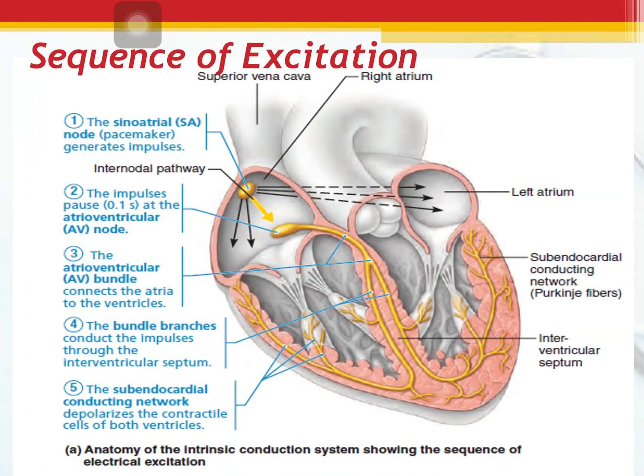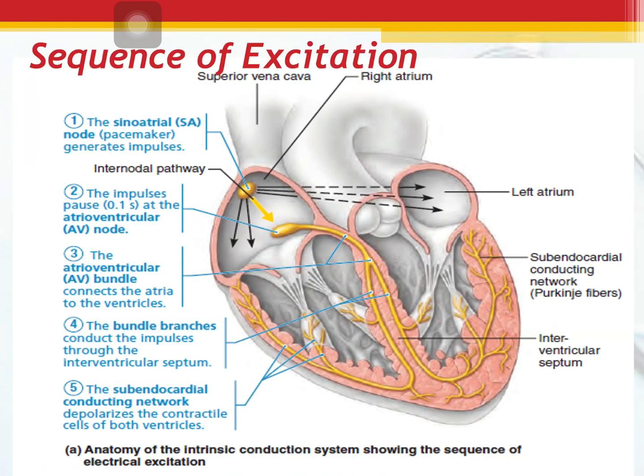Sequence of excitation. So the cardiac pacemaker cells are found in the following areas. You have first the sinoatrial node, which is what we know as the pacemaker of the heart because it is the first one to generate the impulses within the heart. After the impulse is generated by the sinoatrial node, the impulse pauses about 0.1 second and then initiates impulses to the atrioventricular node.